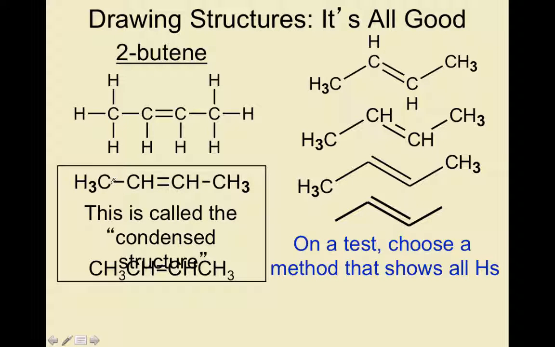Sometimes you will see the condensed structure with dashes in between the element symbols, and sometimes you won't. In this one, you see that this end here could be drawn as a CH3, but they drew the C here and they put the H3 here just as a reminder that it's carbons that are being bonded to one another.